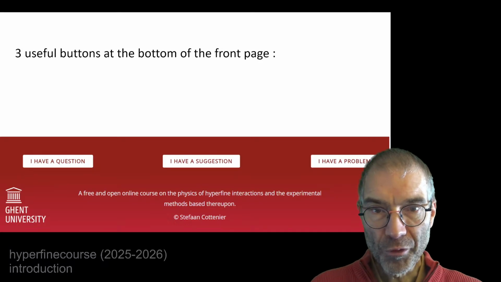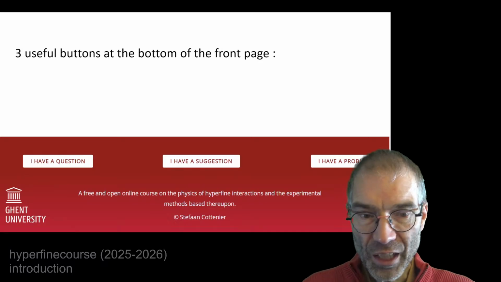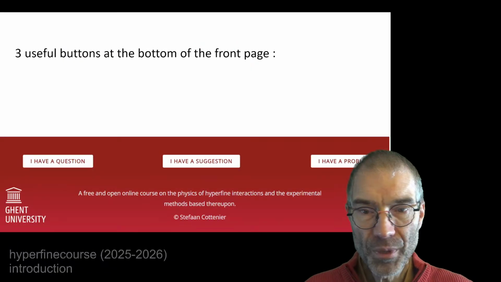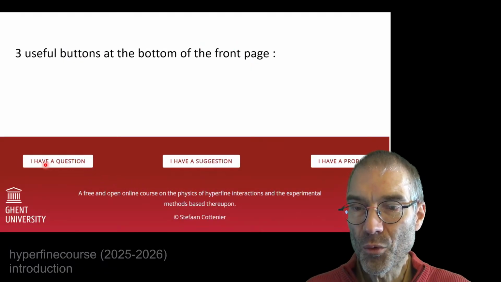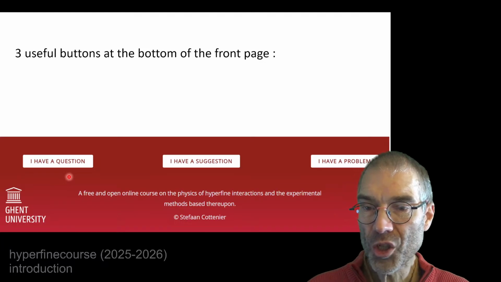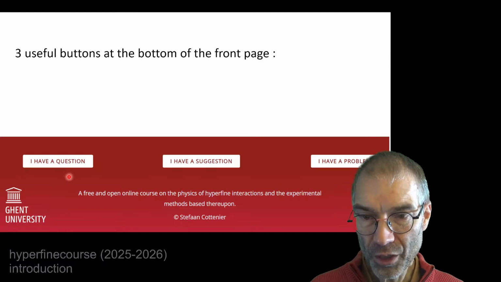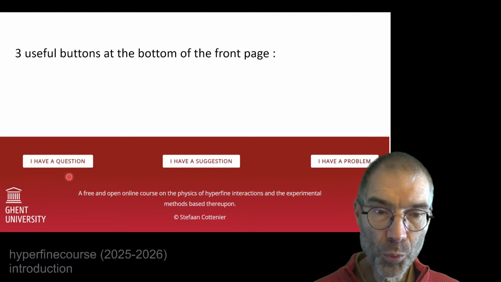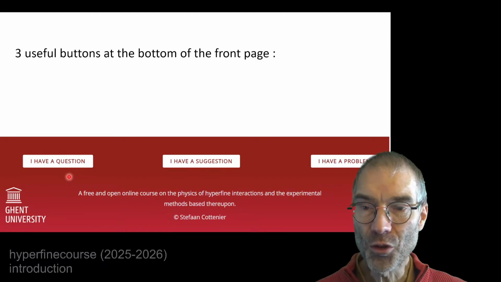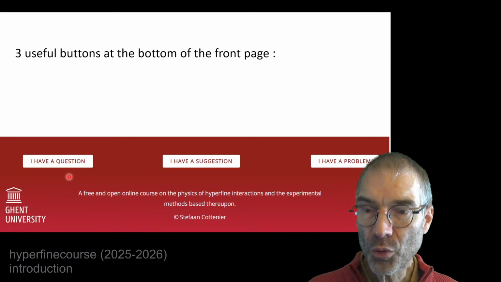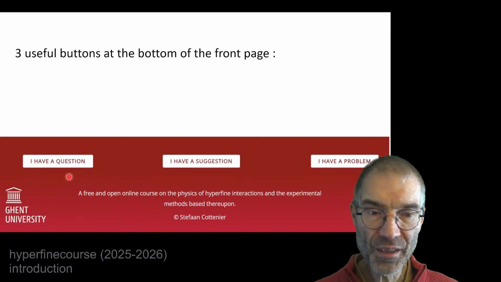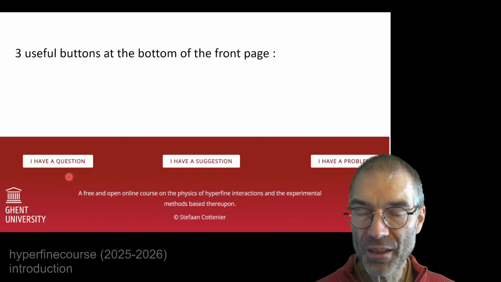At the bottom of the front page, there are also 3 other important buttons. There is the one where you can ask questions. If you have a question about the material of this week, don't put it in the tasks you submit. Put that question there. That is a form that I will look at before every feedback session.